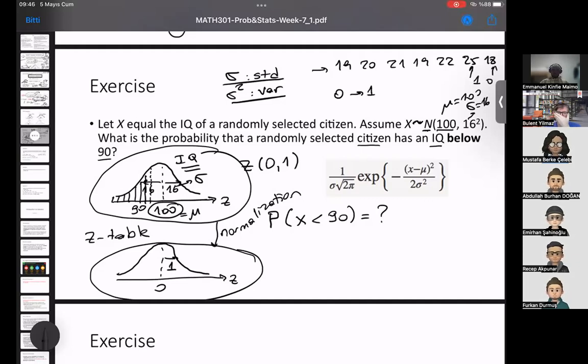Come on. I have 19, 20, 21, 19, 22, 25, and 18. I want the minimum to be 0, the maximum to be 1, and everything in the middle normalized accordingly. How can I do that?